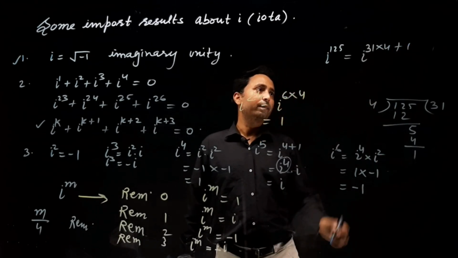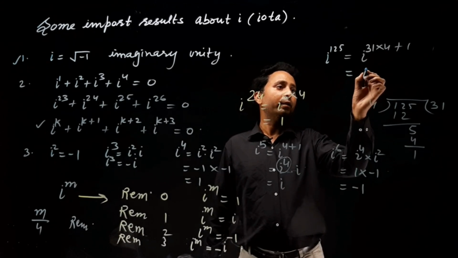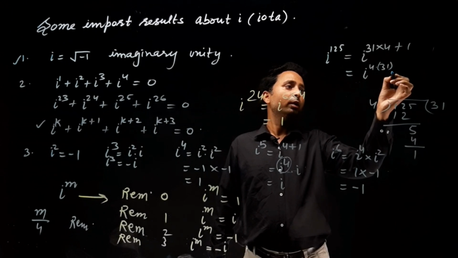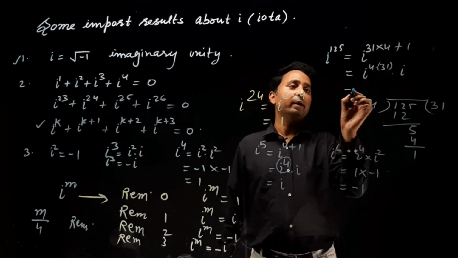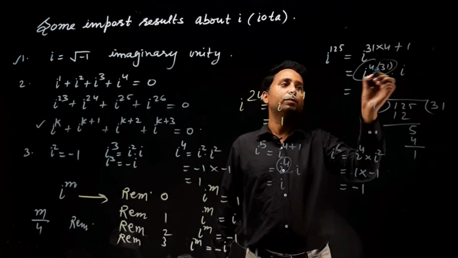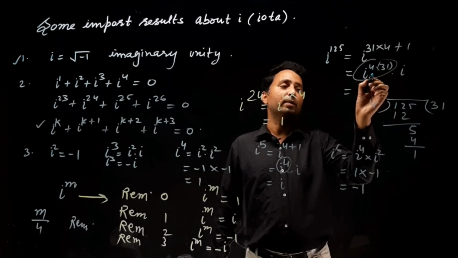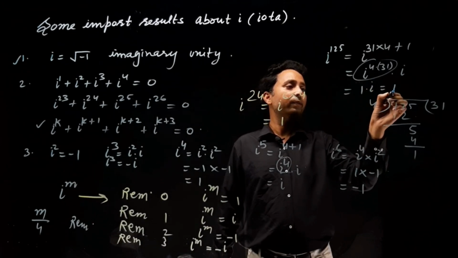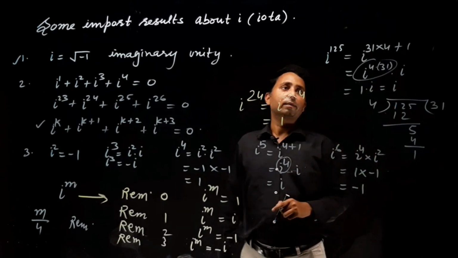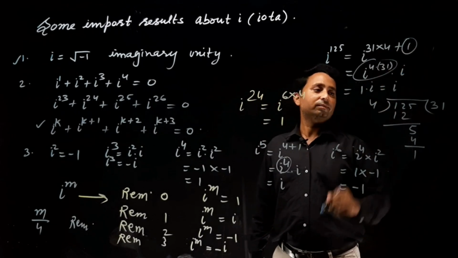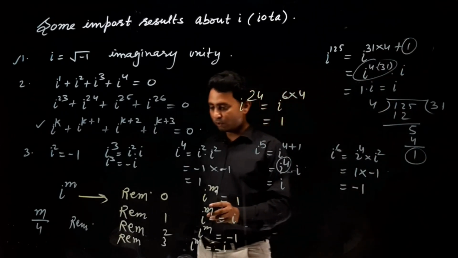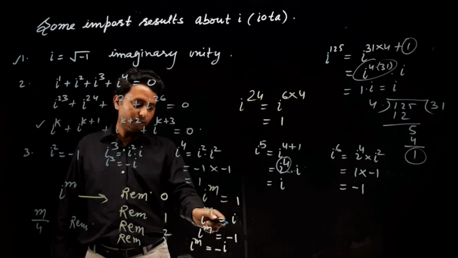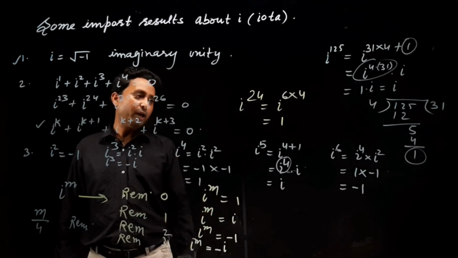This will be iota to the power 4 into 31 into iota. This power is a multiple of 4, so the value will be 1 into iota, which is iota. Because the remainder is 1, and as we already told, the value of iota to the power m will be iota.